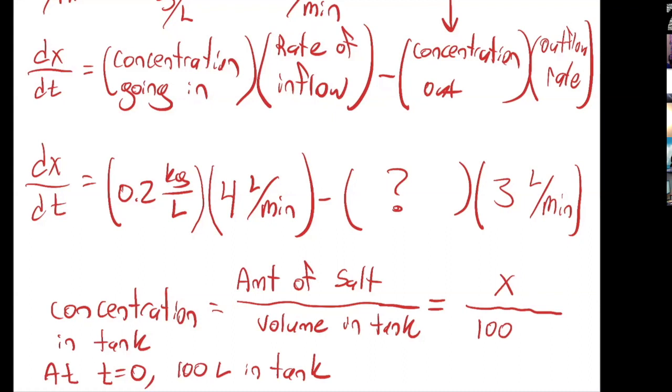Is it going to go up or down? Give me an up or down. Yeah, volume's going to go up because it's flowing in at a faster rate than it's flowing out. Every minute, 4 liters go in and 3 liters come out, so every minute that goes by, we're gaining an additional liter of solution in the tank. So this volume would look like 100 plus t. And this is what goes in the missing spot that we had over there.